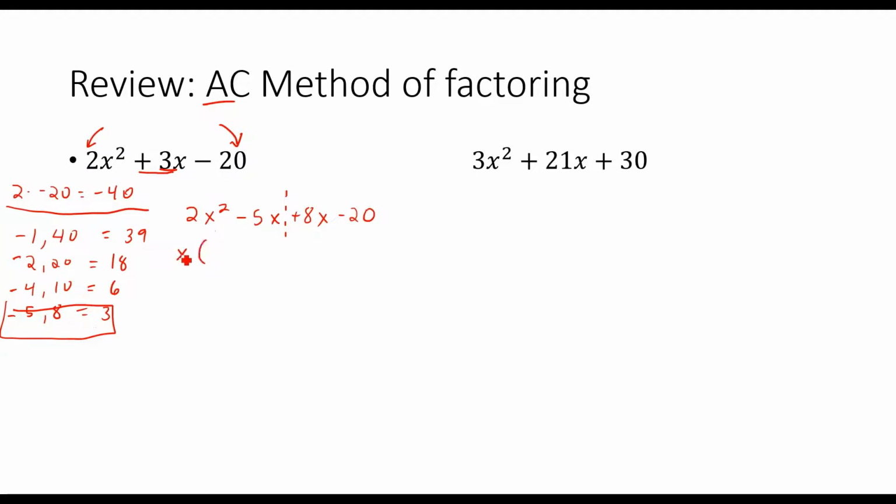So I'm going to write down x, and then inside of a set of parentheses, I'm going to write down what's left over. 2x squared divided by x will give you 2x. Negative 5x divided by x will give you minus 5. If you continue onto the other side of that line, we can do the same thing.